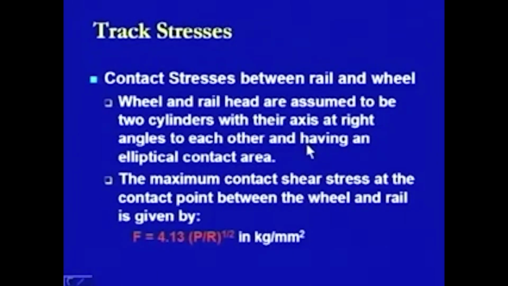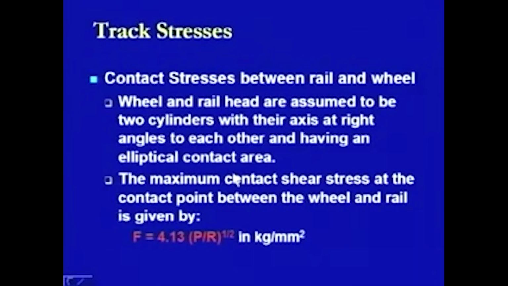At the same time, both are assumed to be two cylinders with their directions at 90 degrees to each other. In that sense, the maximum contact shear stress at the contact point between the wheel and the rail is given by 4.13 multiplied by the square root of P divided by R. Depending on the units, it can be in kg per mm square.